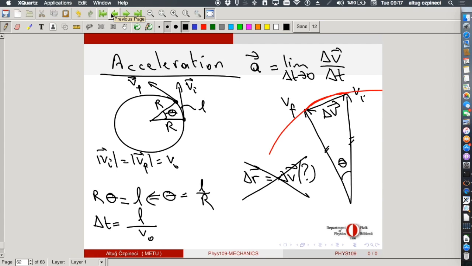Okay, so what is the length of this arc? Yes, this radius is V0. So the length of the arc, let me call it LV, is equal to V0 times theta.